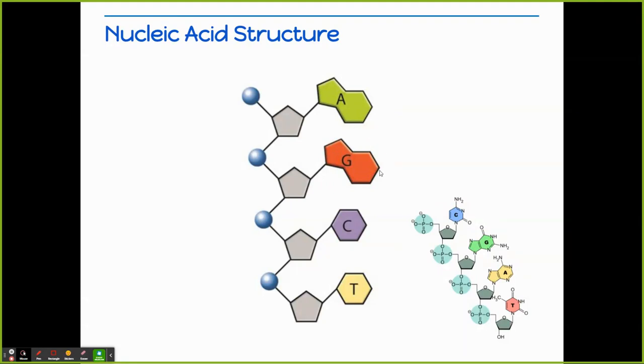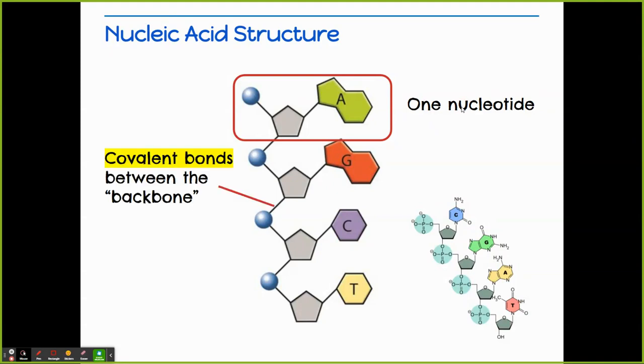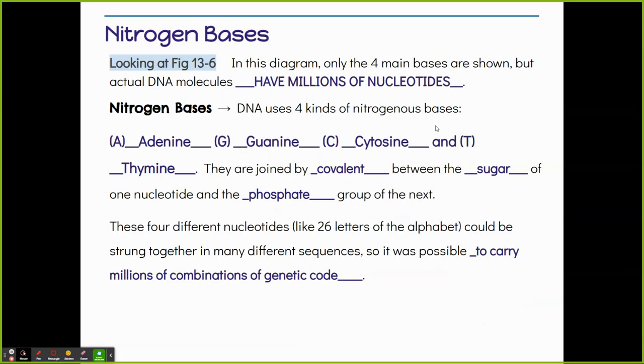Now you'll notice the labels A, G, C, and T. That component, one phosphate, one sugar, one base, is what we refer to as one nucleotide. There are covalent bonds between each nucleotide that holds the nucleotides together.